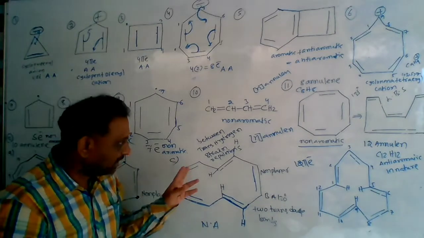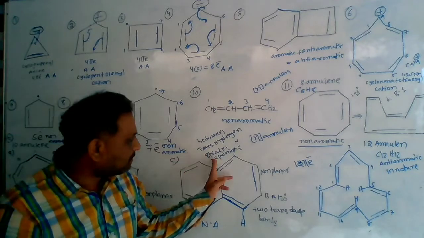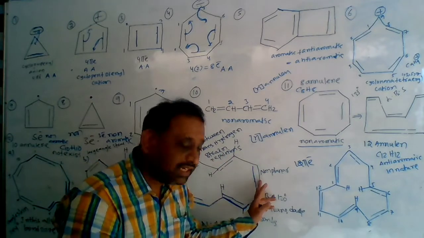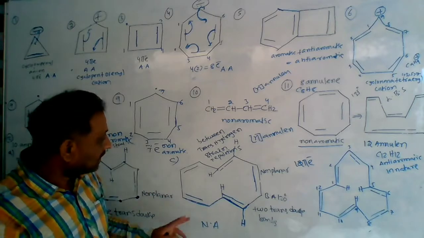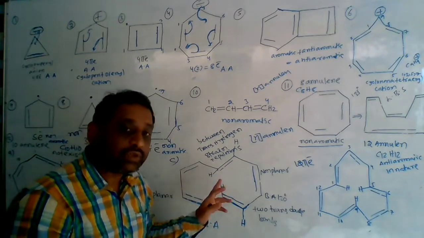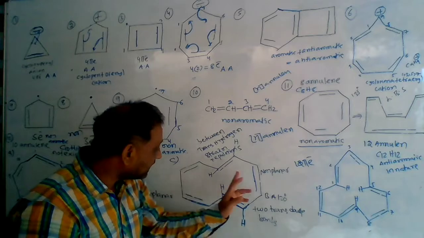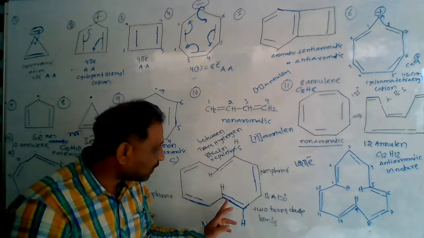This is the last one, the most stable possible structure of 10 annulene. This molecule has 3 cis bonds and 2 trans bonds.